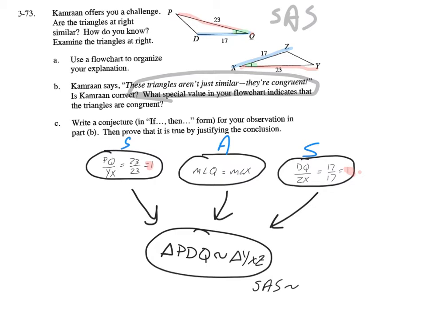And so letter C, what we're going to do is write a conjecture from our observations.